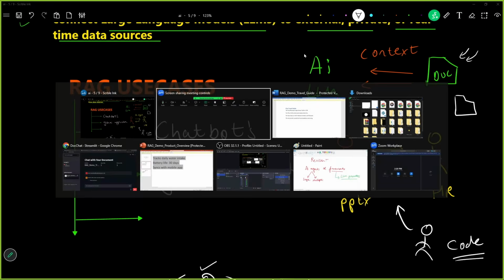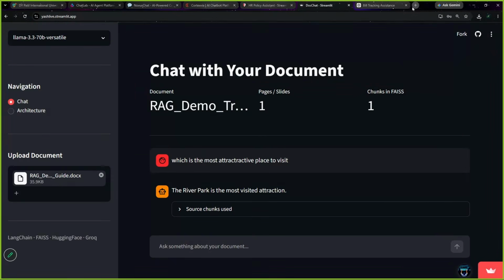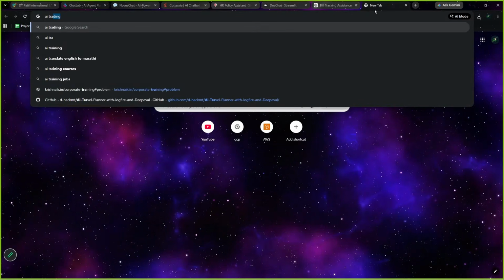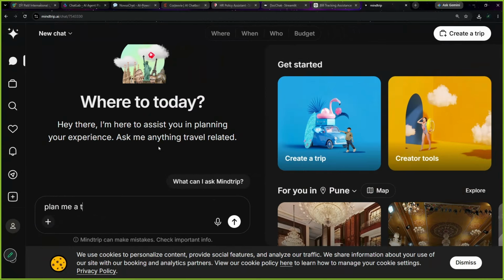So yesterday we saw, let us see this example, an AI travel planner. Plan me a trip to Munnar in Kerala for 3 days.